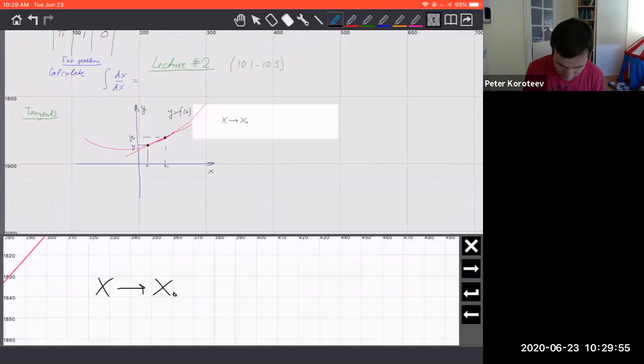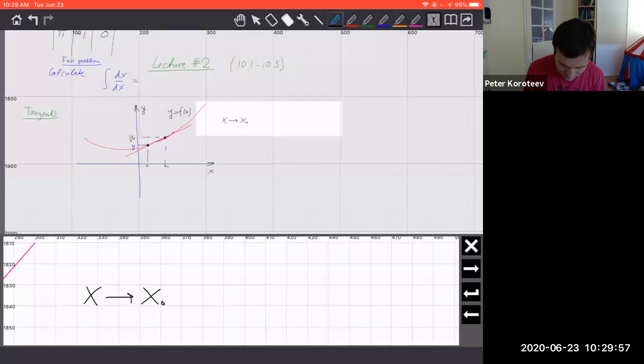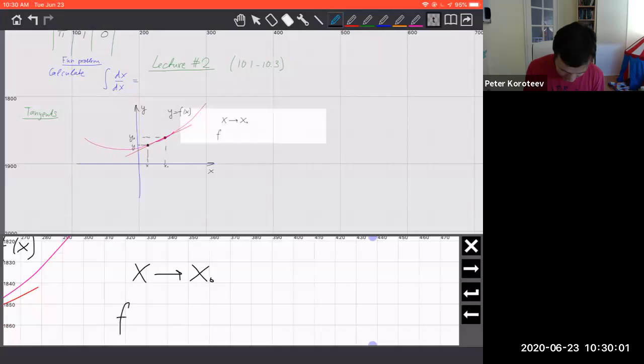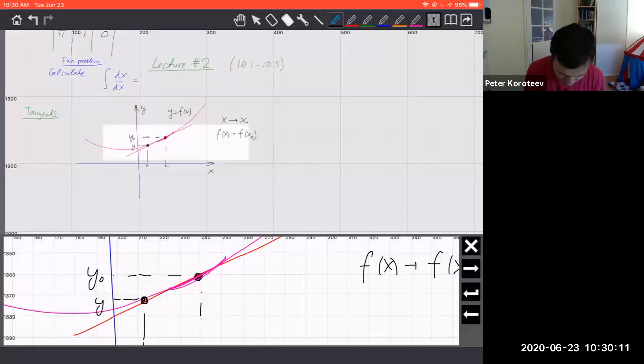And the way it's done is using the limit. As x approaches x0, f of x approaches f of x0, right? And this red tangent line: before we take the limit, we can write down the equation for the tangent line. There's a slope here, right?